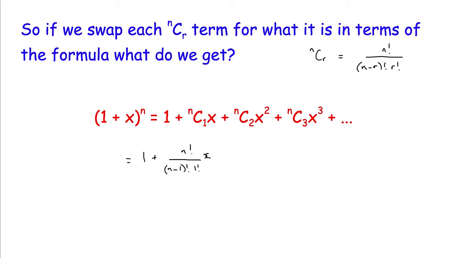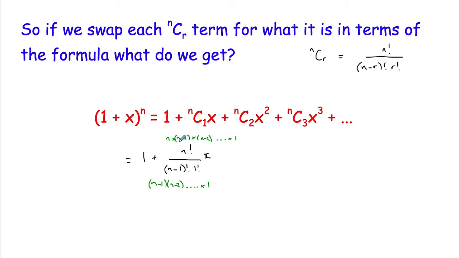Because if we think about what n factorial means, that means n times n minus 1 times n minus 2 all the way down to times by 1. n minus 1 factorial just starts 1 lower than this does. This will be n minus 1 times n minus 2 times n minus 3 all the way down to 1. And we've got a fraction here.